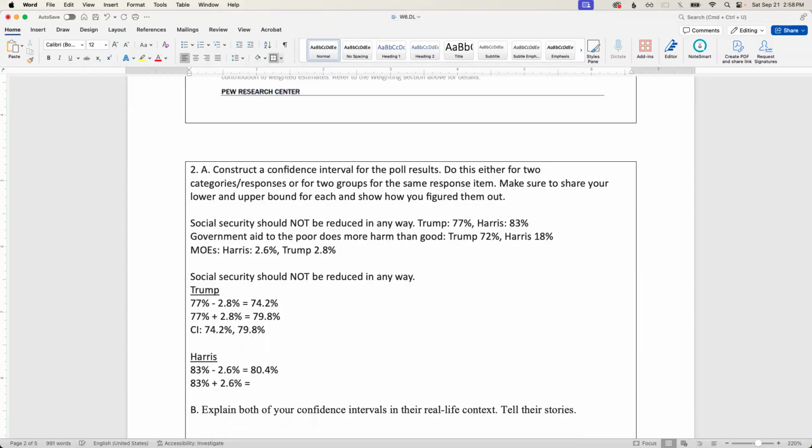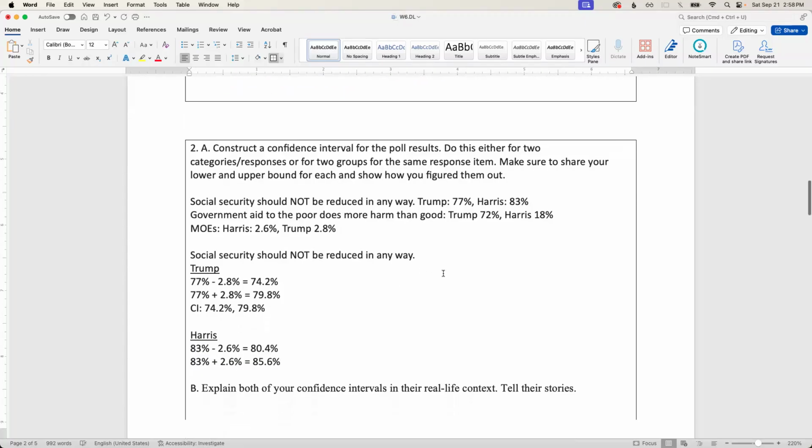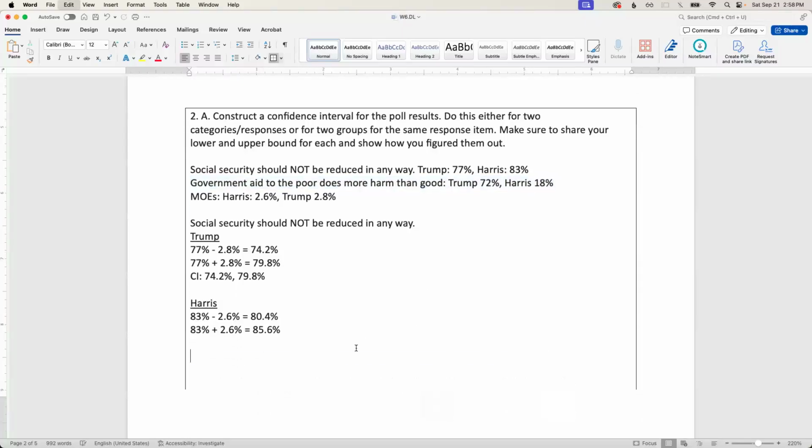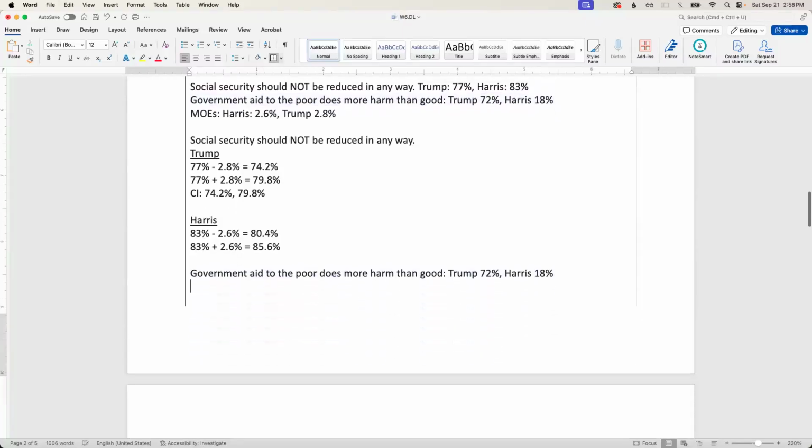Okay. And then again, I'm doing this for the other one, the same thing. My margins of error are the same for these, but my sample proportions are different. So Trump is going to be 72% plus or minus 2.8%.